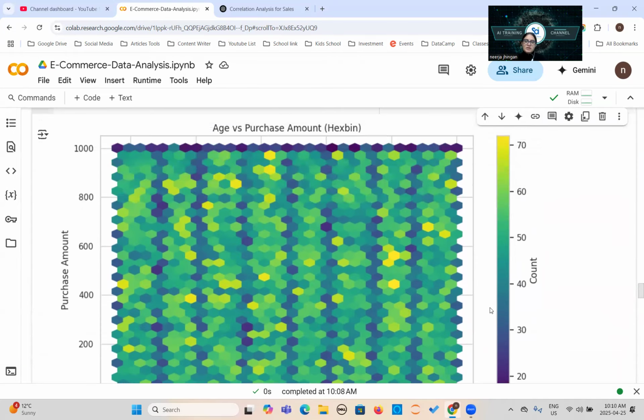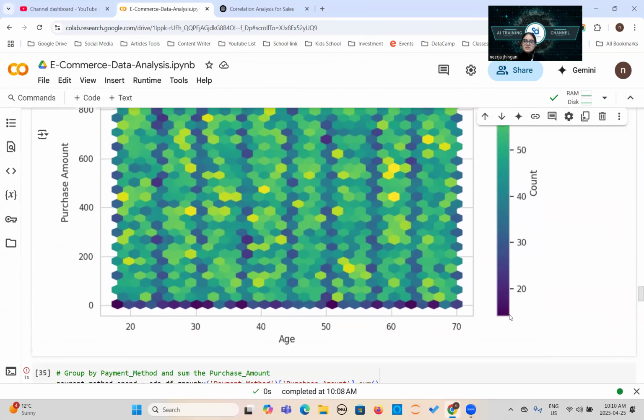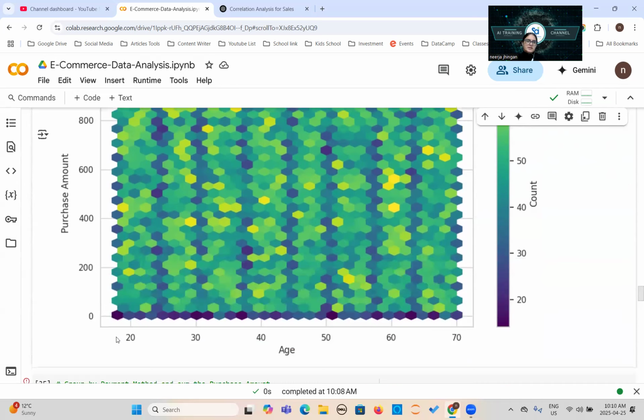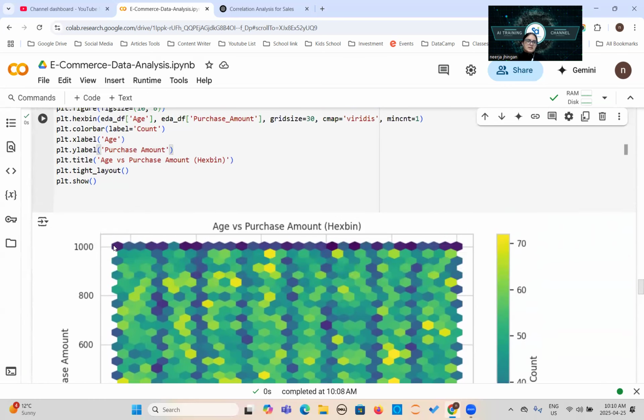Okay. So if we look at this, this is your count. So what is the higher count of the age? This is the one. So here the lighter one, look at this. The age group of 20, this one, right? They are spending more money, right? They are spending more money.